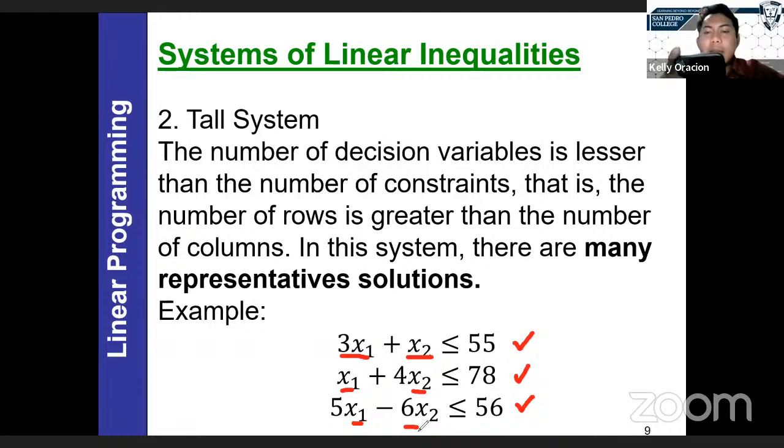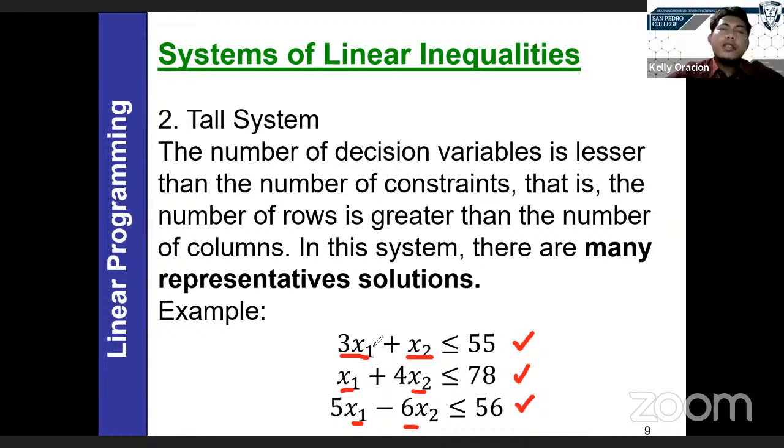Again, it is called a tall system. Now, another way of determining whether this is a tall system or not is that the number of rows is greater than the number of columns. How many rows do we have?